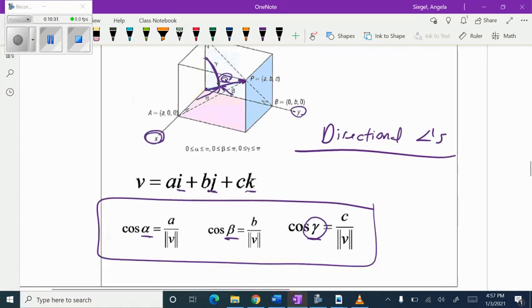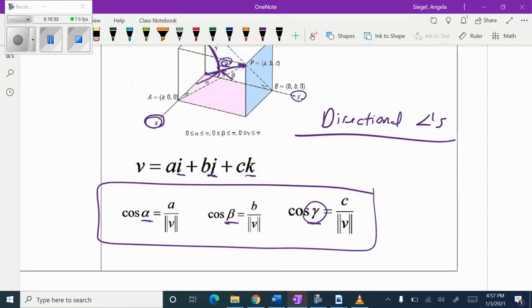It's all cosine. So please do not get it mixed up with the 2D directional angles, like the resultant vectors that we talked about. This is a completely different formula. Also, something else to know is that these angles will always be between 0 and 180 degrees.